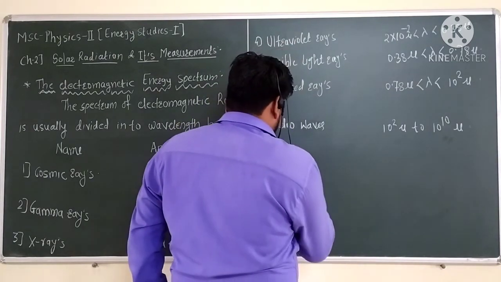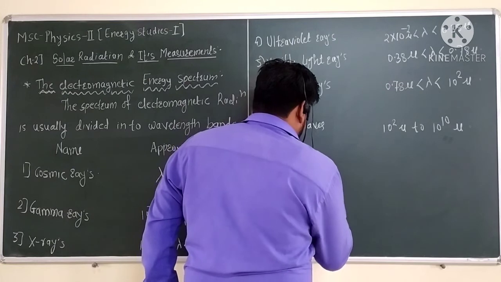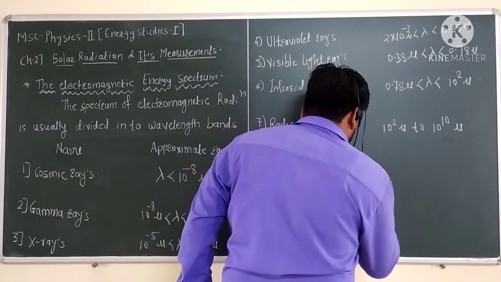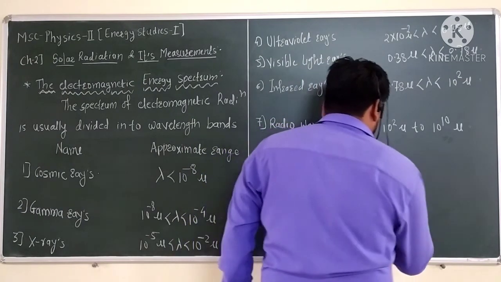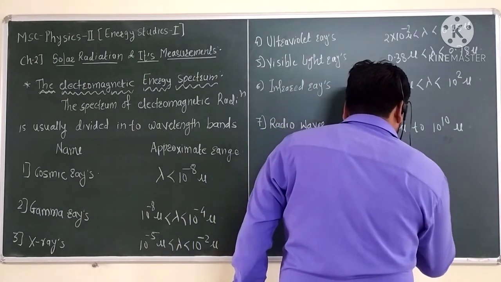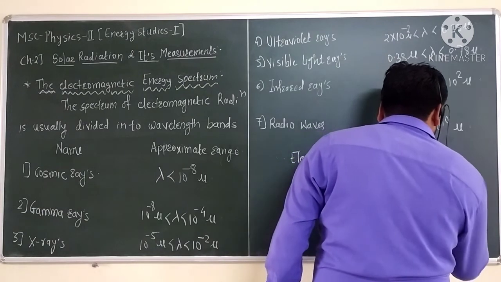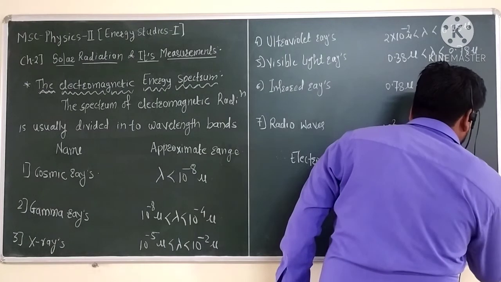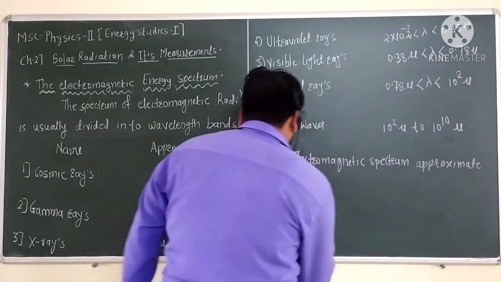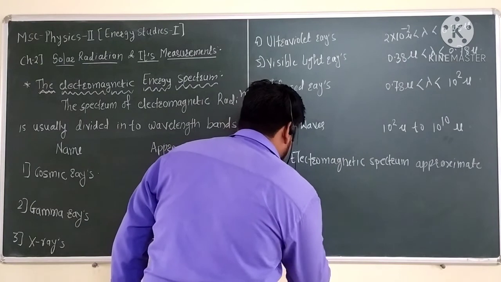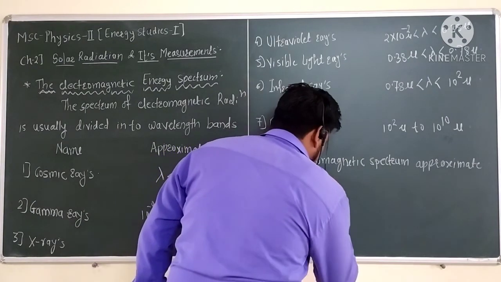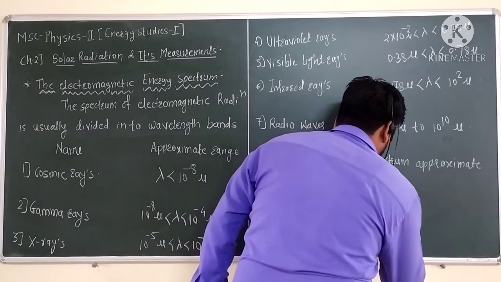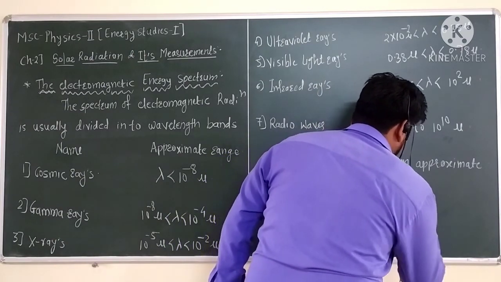Therefore, the electromagnetic spectrum has an approximate range between 0.1 micron to 100 microns.